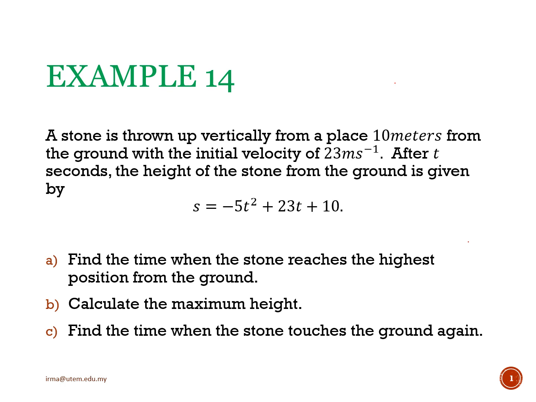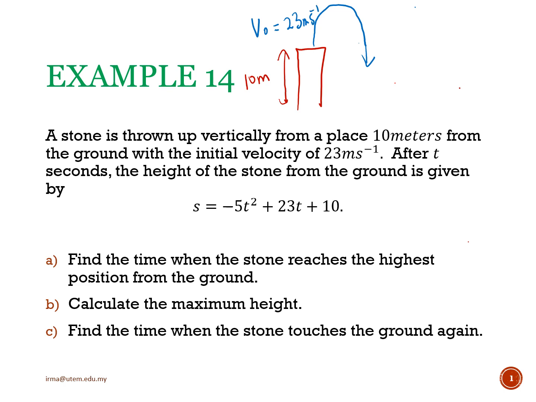So from the statement we have this 10 meters from the ground, and we have a stone that is thrown away with the initial velocity v naught equal to 23 meters per second.